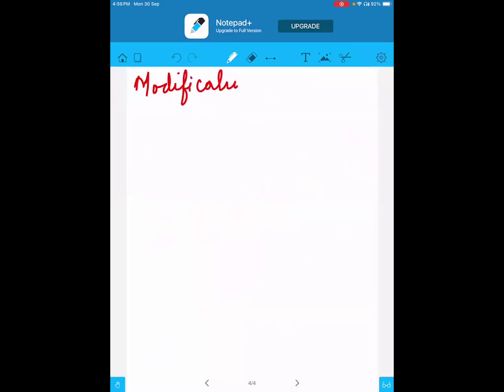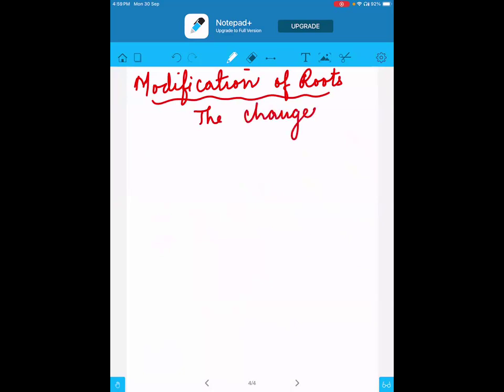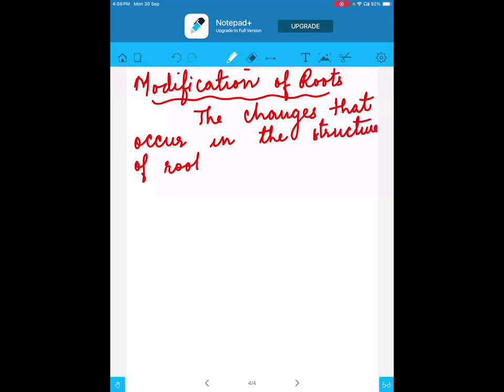Modification of roots. So the changes that occur in the structure of roots to perform other functions.